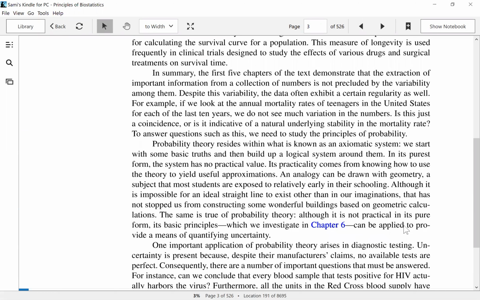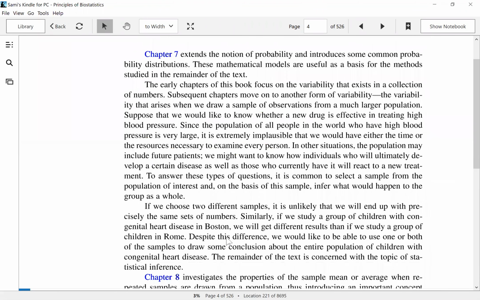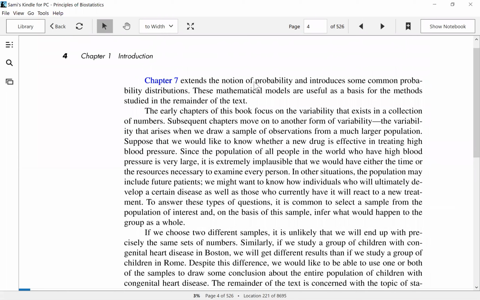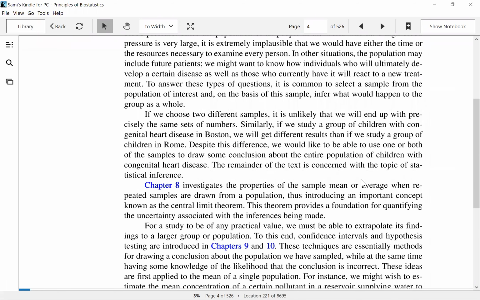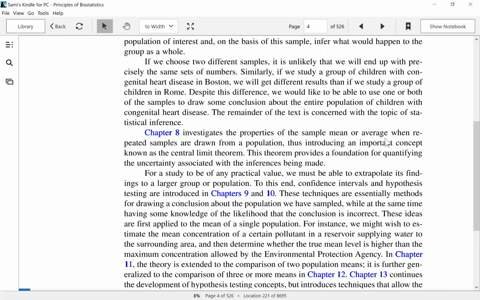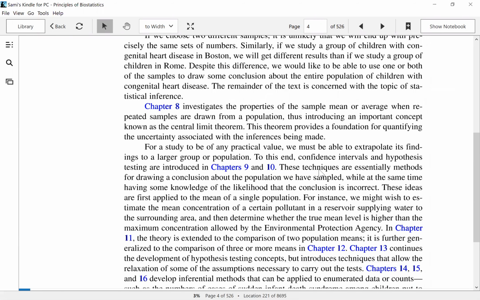And then chapter 6 is applied to provide a means of quantifying uncertainty. Chapter 7, probability distributions. Chapter 8, sample mean or average. Repeated samples are drawn from the population.